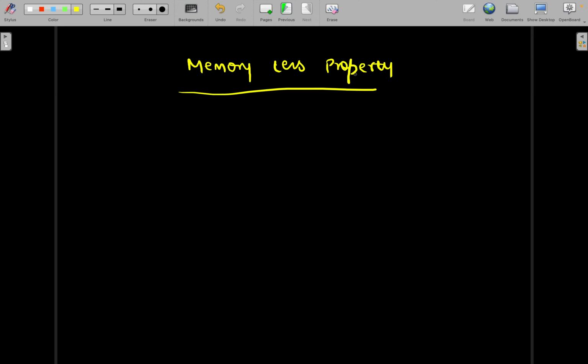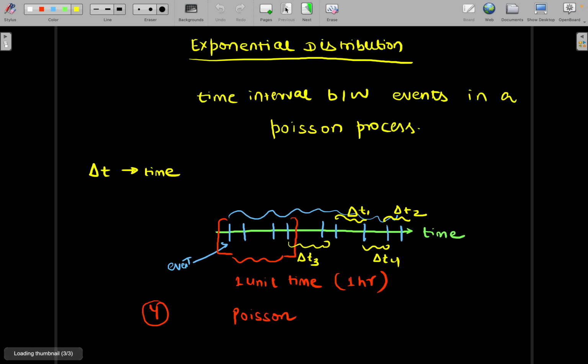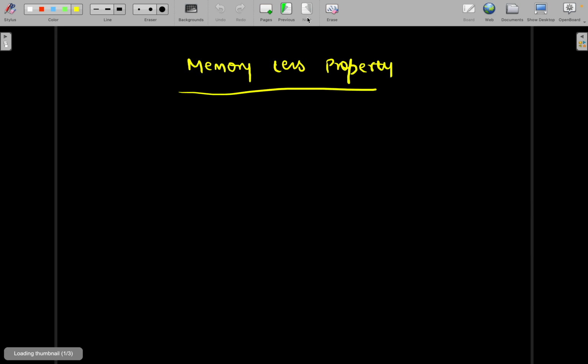So what is that memoryless property? What matters is only when the previous event occurred; only from that time do we look at when the next one happens. This was your previous event and this was your next.